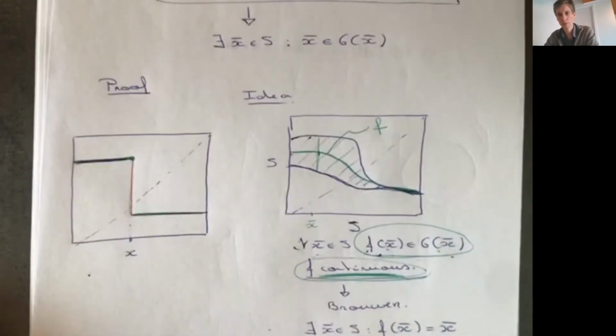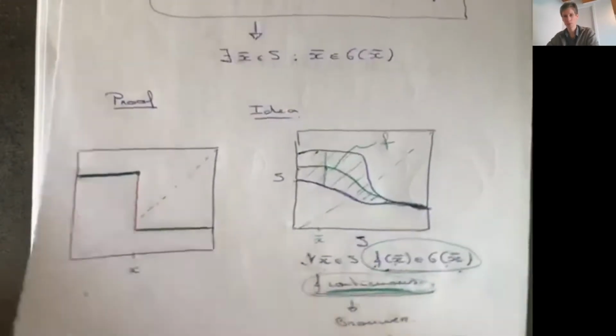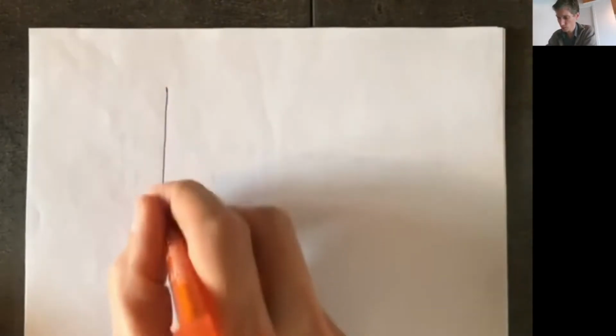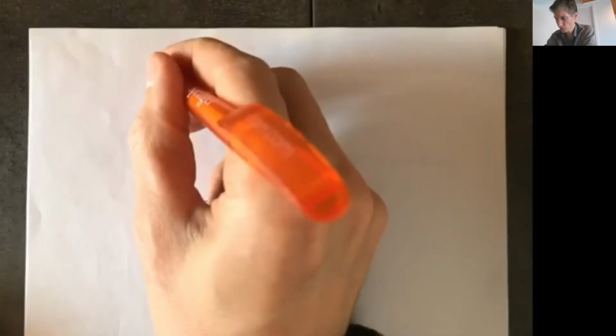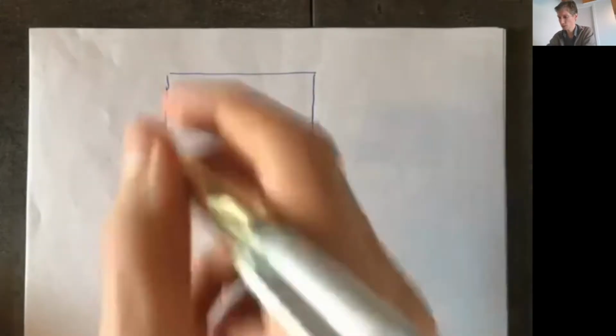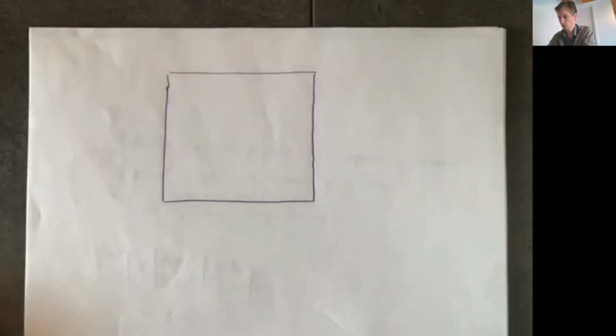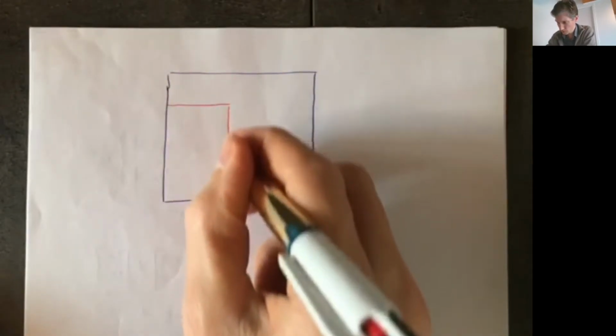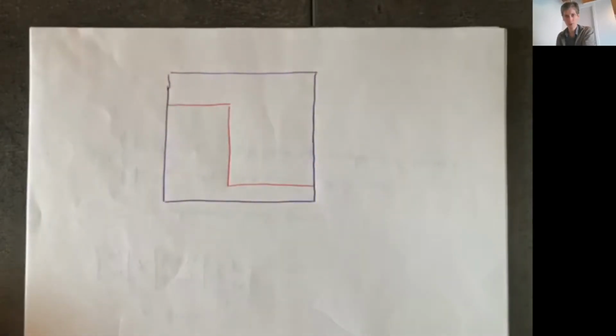So this is a problem, and it is going to be solved using the following structure or trick. Let me draw the example again. Okay, so here I have my domain, I have my correspondence that looks like this.